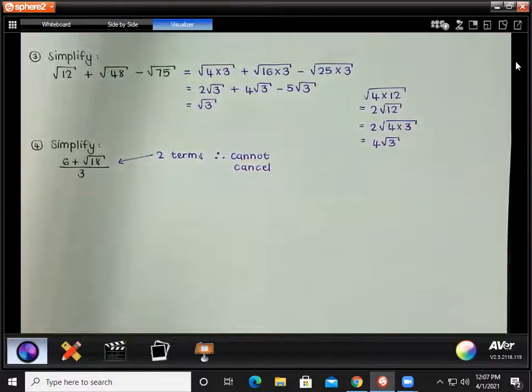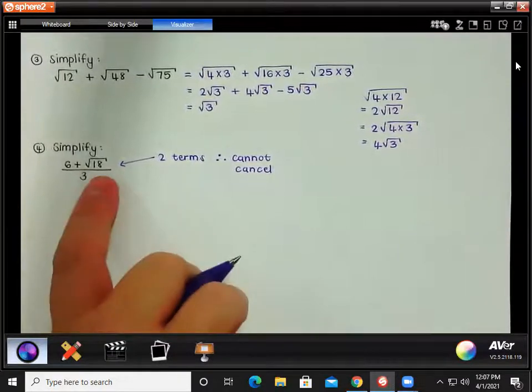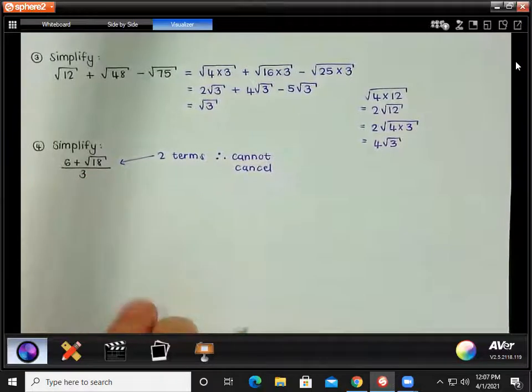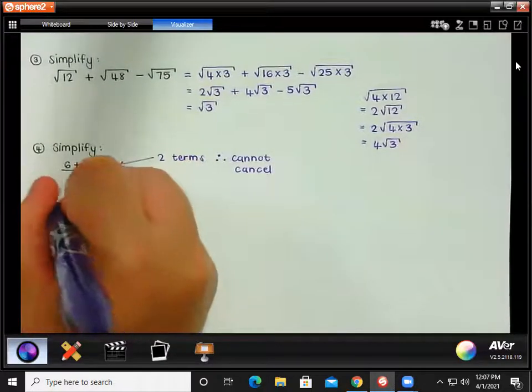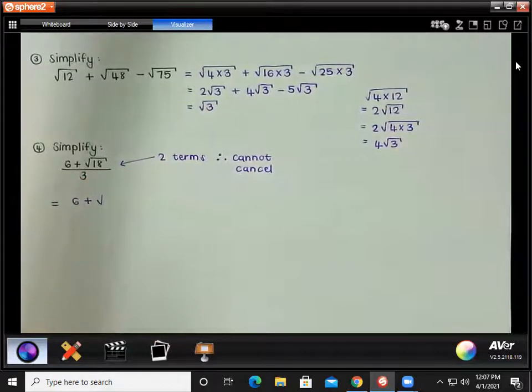Now, how can I turn 2 terms into one term? By factorizing. But at the moment, if we look at those 2 terms, do I actually have a common factor that I can possibly take out? Not in the way that it's written now. The square root of 18, I'm going to have to simplify that first. So we have 6 plus, now 18.